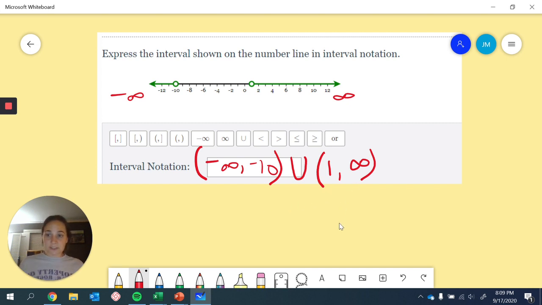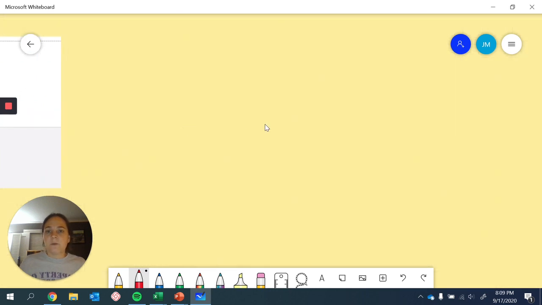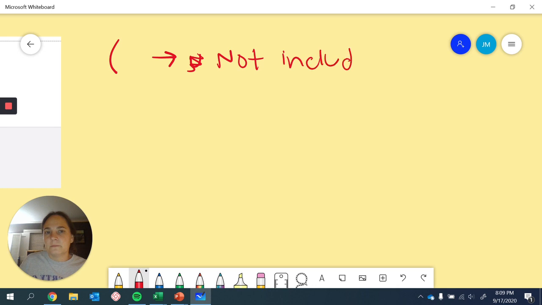Okay, so there's my first little quick video on interval notation. I hope it was great, and I hope you learned something. I am going to do a quick little summary right here, where I'm going to say parenthesis means not included. So that means open circle.